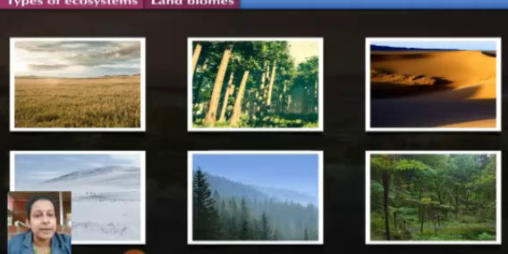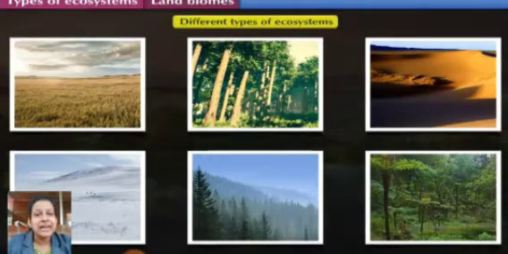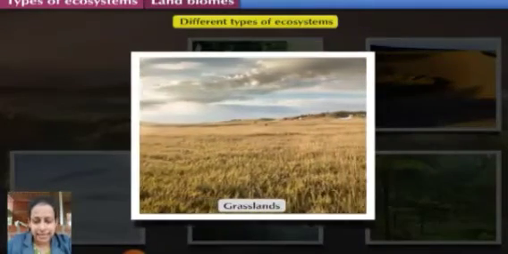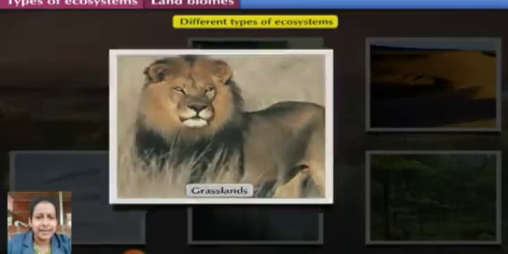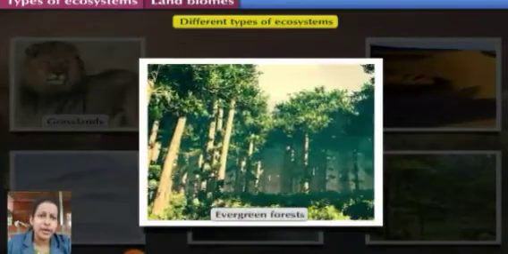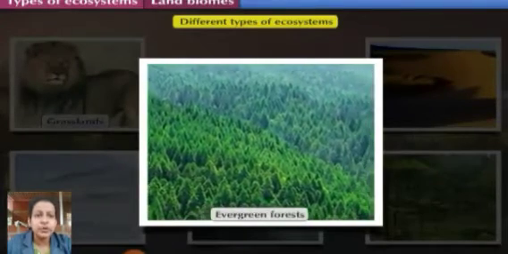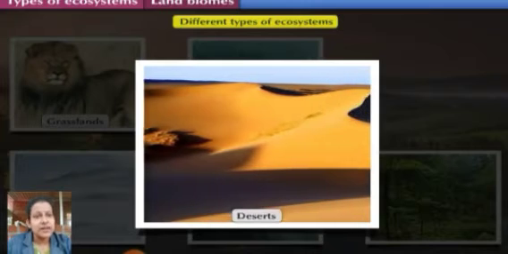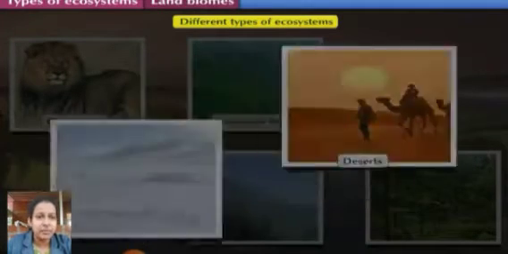So due to unequal distribution of abiotic factors, you are finding different types of ecosystem. For example, the first picture you can see is a type of grassland ecosystem wherein you will find animals like lion, deer. Then evergreen forest wherein the entire year you will find greenery around. Then you can have deserts, wherein less rainfall will be there and less number of plants and animals will be there.